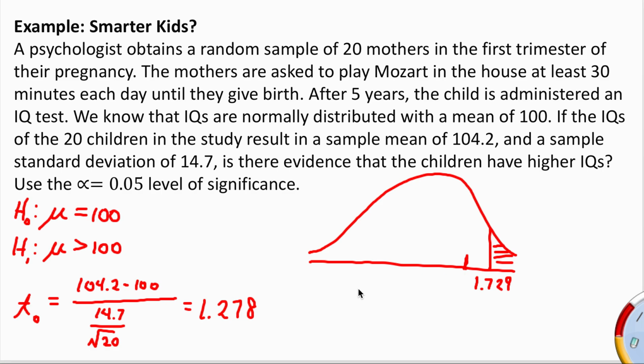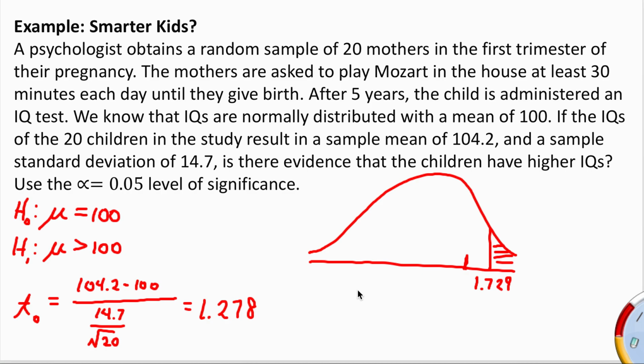Okay, if I want to do the p-value, once again, that one we can do on our calculator. So I'm going to go into stat, over to tests, and choose the t-test, number 2. We've got the stats as opposed to the data.